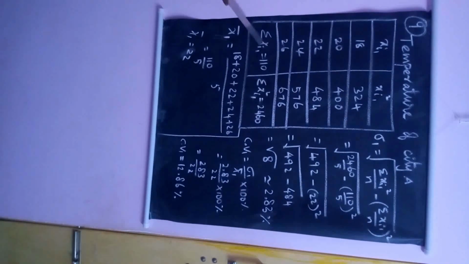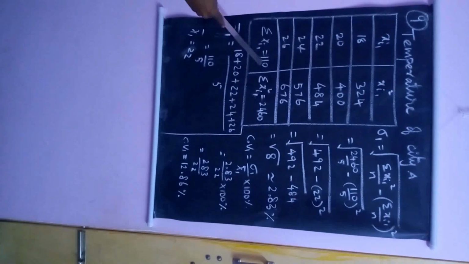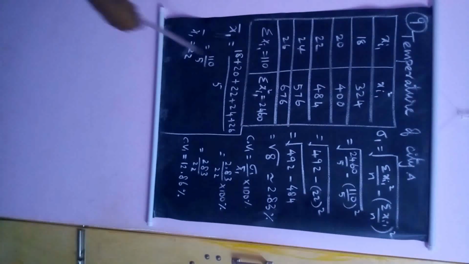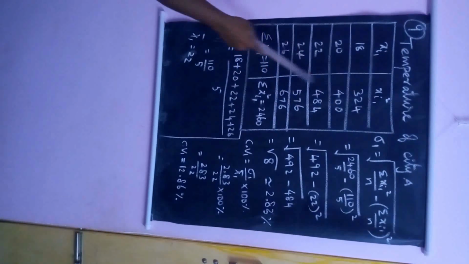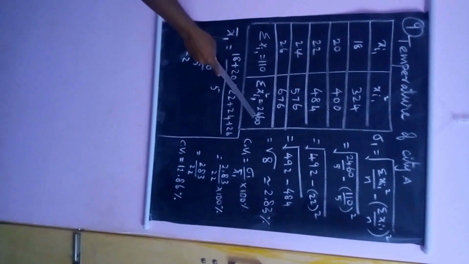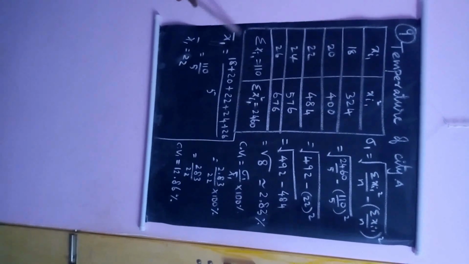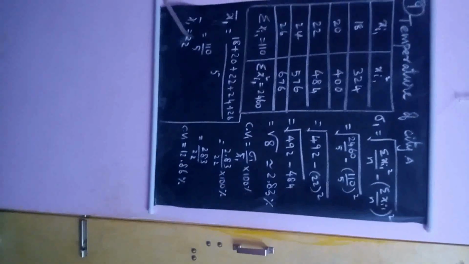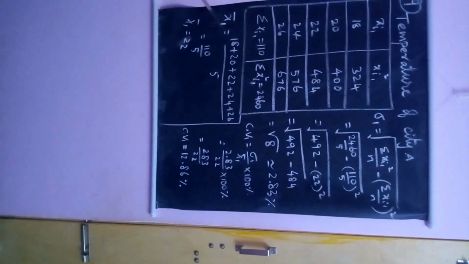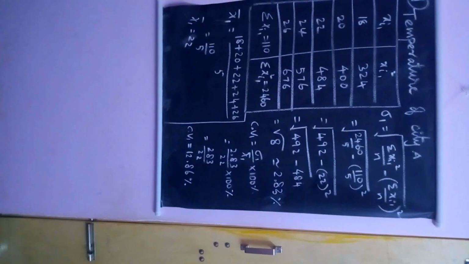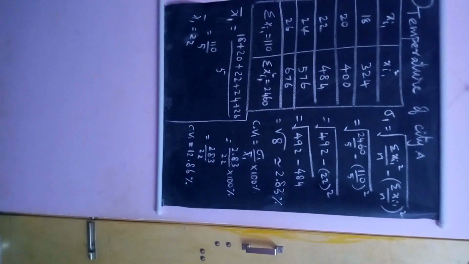Now summation xi1, the sum of all the 5 values, equals 110. Next, summation xi1 square, the sum of all the values, equals 2460. Next, x1 bar, that is the mean of the temperature of city A. We know that mean x bar equals the sum of all items divided by the number of items.